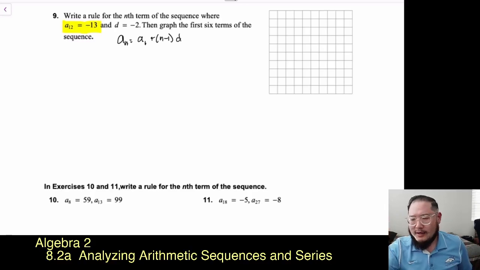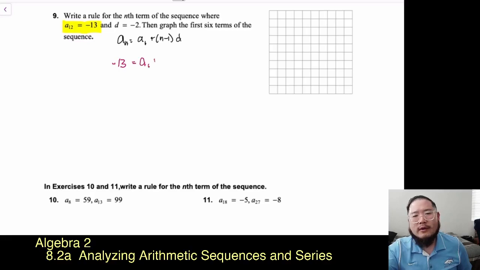And let's go ahead and plug things into this equation right here. But we start with what's the 12th term. So I'm going to plug in a sub 12, and a sub 12 is actually a number that they gave us. So I'm going to go ahead and plug in negative 13. A1 is unknown. And what do I plug in for n?